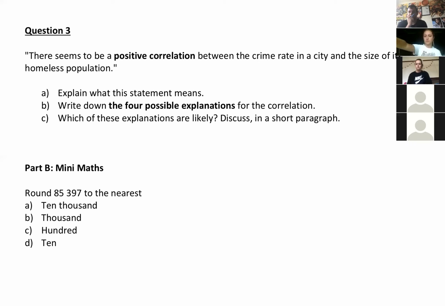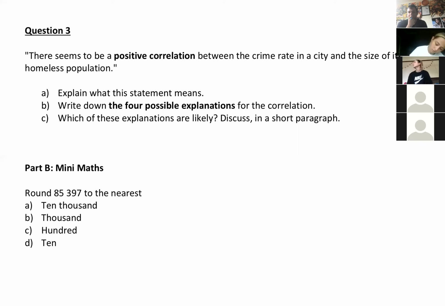All right, so that's the third possible explanation. And then the fourth one, of course, is that it's a coincidence. Sorry, could you repeat the third one? Is it something caused both? Yeah, the third one, that's exactly right. It's that some other thing causes both an increase in crime and an increase in the homeless population.